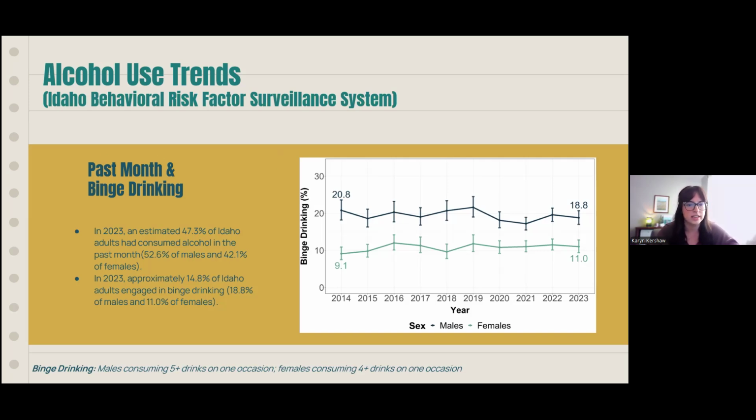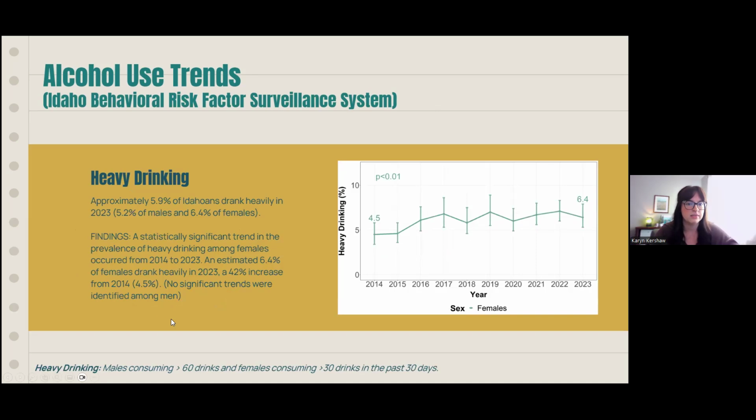For the sake of time, I'll just say that we didn't find any statistically significant trends in prevalence between 2014 and 2023 when it comes to past 30-day alcohol consumption and binge drinking. But if we go to the next slide, we can see that we did find a statistically significant trend when it comes to heavy drinking among females.